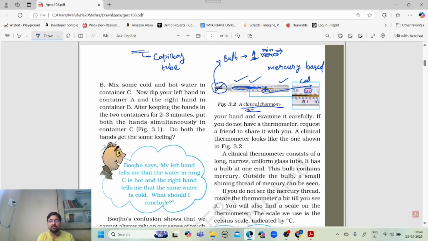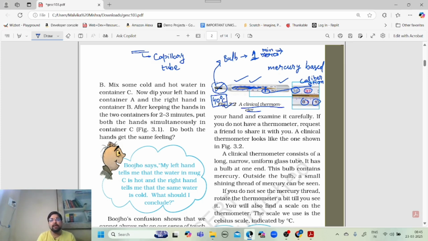These markings are known as calibrations, right? So accordingly you get the measurement of temperature in some quantity, right? So suppose it is 40 degrees Celsius. So you get that your body temperature right now is 40 degrees Celsius.